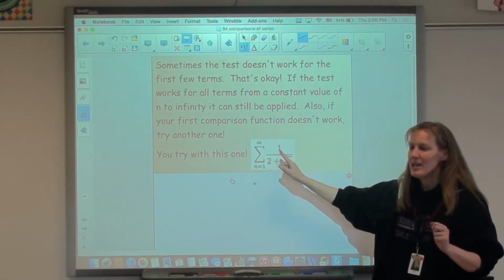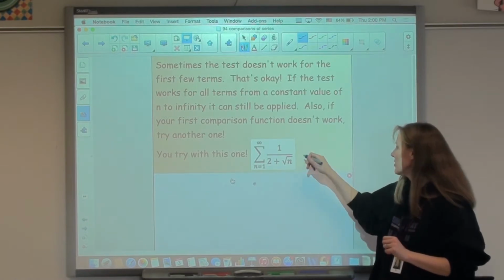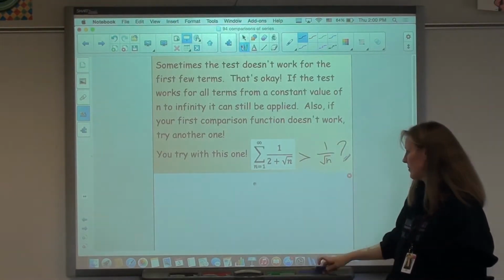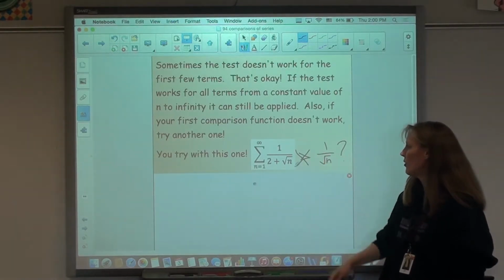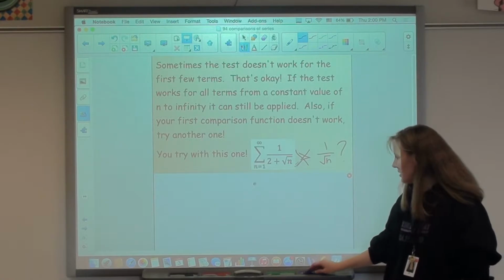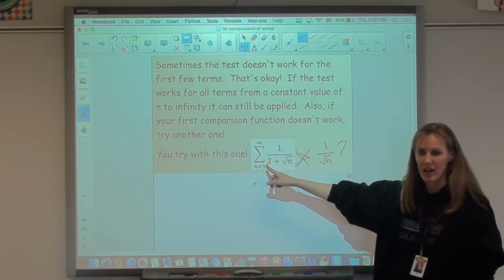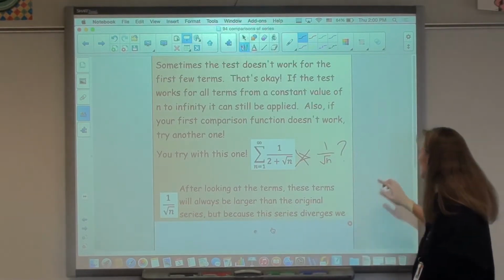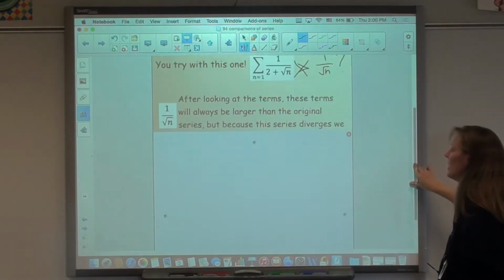Is this always greater than 1 over root n? No, it's always less, because you're adding to the denominator. That means the direct comparison test doesn't work for 1 over root n.